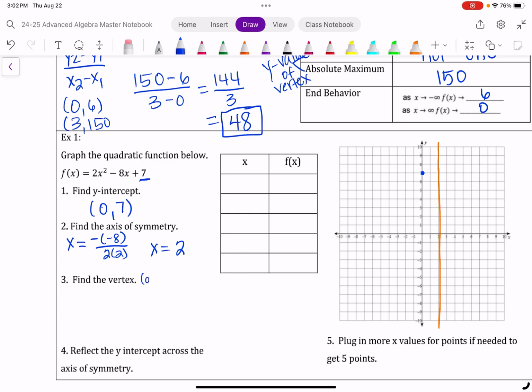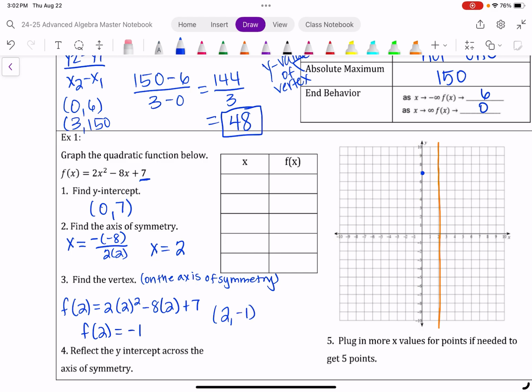The vertex is on the axis of symmetry. Okay, so I plug it in. So f of 2 equals 2 times 2 squared minus 8 times 2 plus 7. Or f of 2 is equal to negative 1. So my vertex is 2, negative 1. So I plot that point.